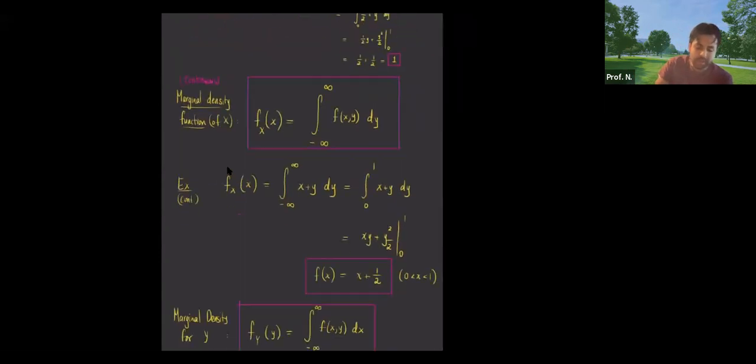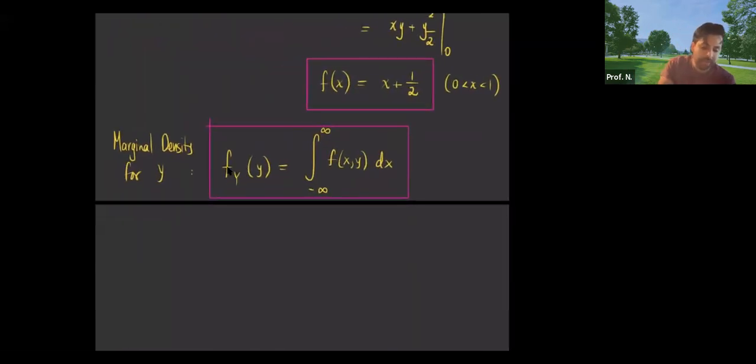And by symmetry, if you want to do the whole thing, that's fine. But by symmetry, the PDF of y would be y plus a half.